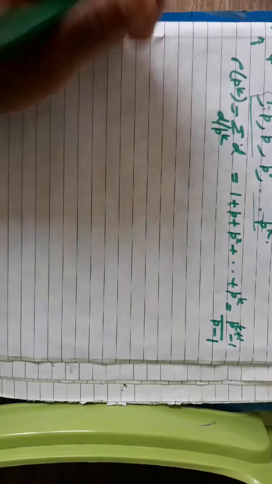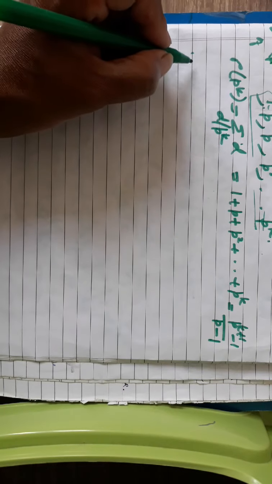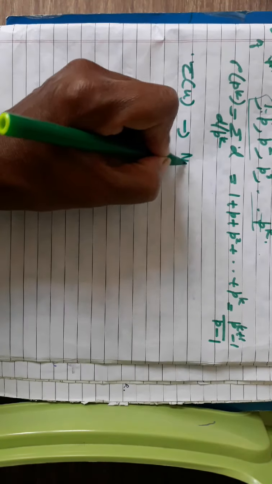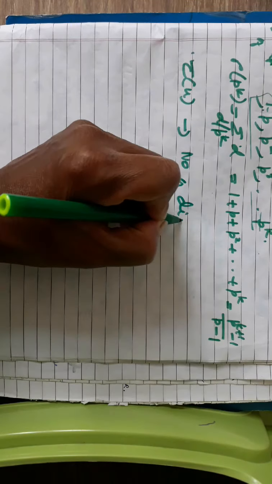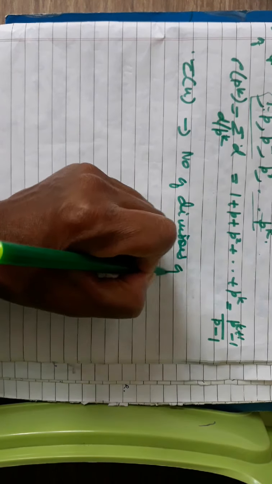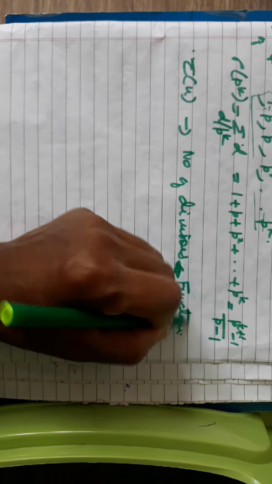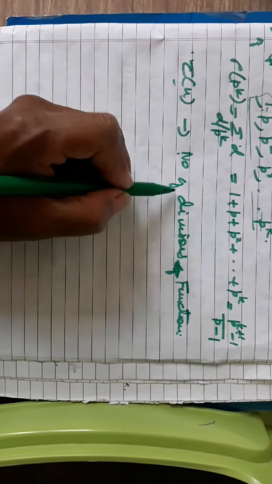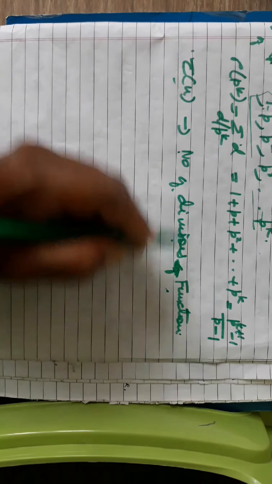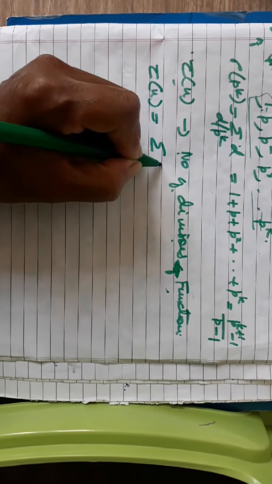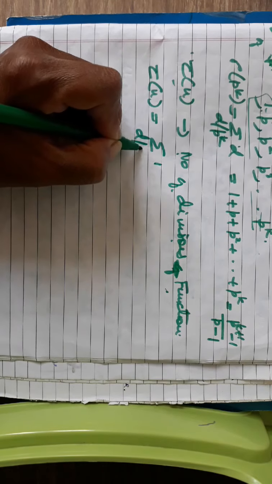Next we come to the main part of this topic. We are going to define tau of n, the number of divisors function. So tau n denotes the number of divisors function, and the notation for tau n is the summation of 1, where d runs over the divisors of n.